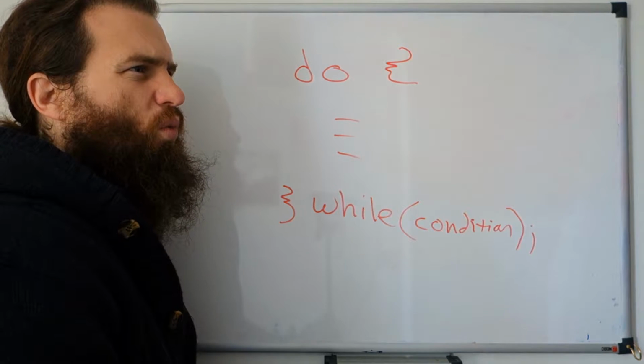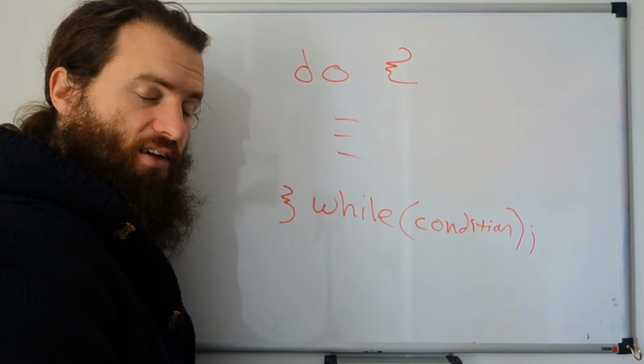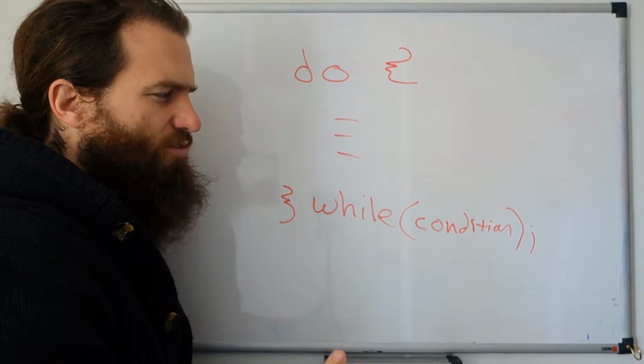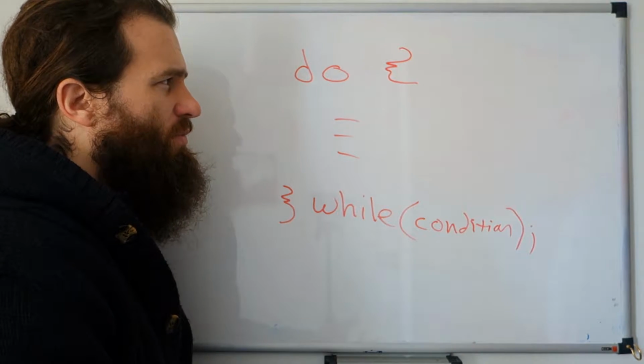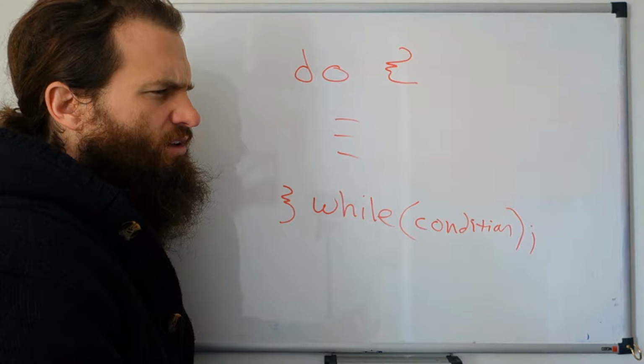So you might be thinking, what is this useful for? Why would you use that? I had to think about it for quite a while actually, because I hardly ever use this. I can't remember the last time I actually used this. I usually use some other kind of structure.